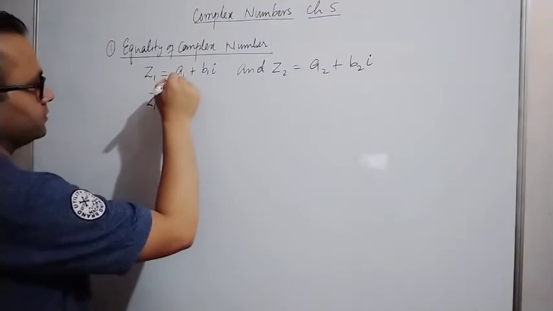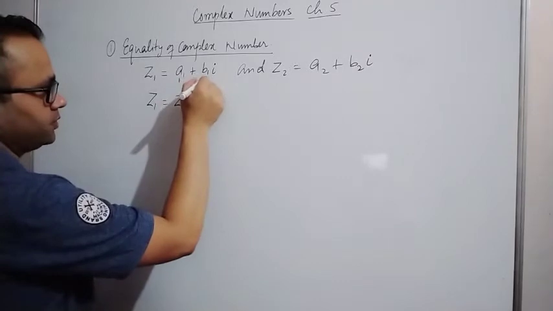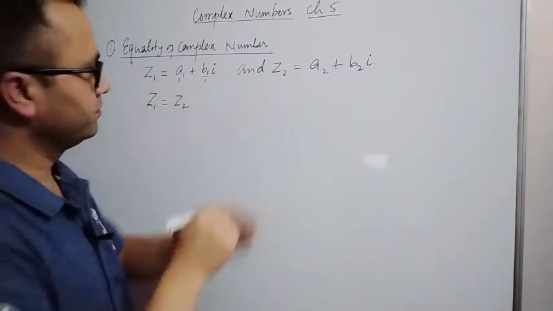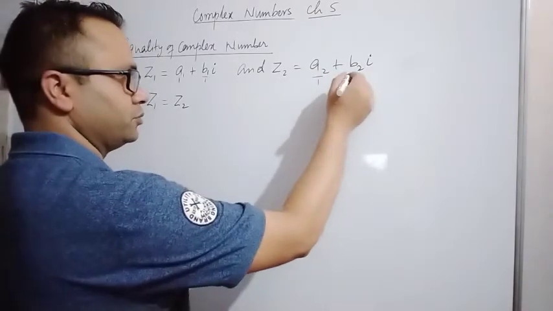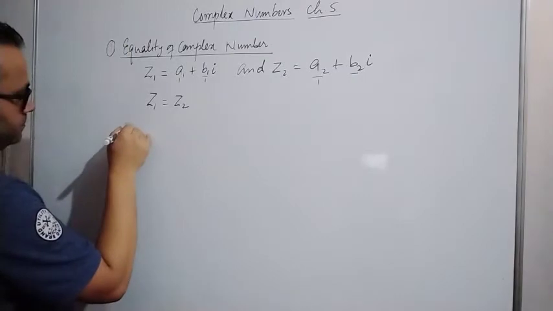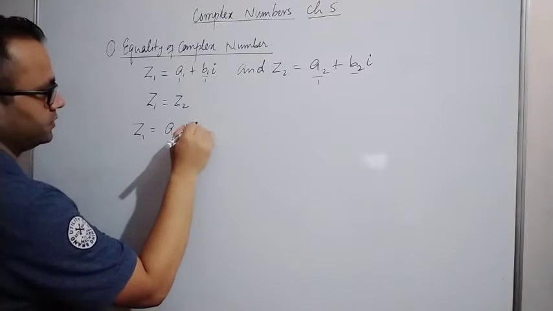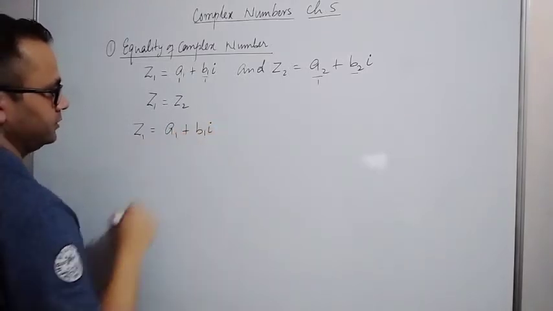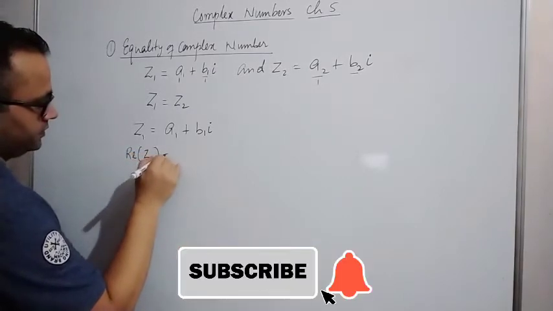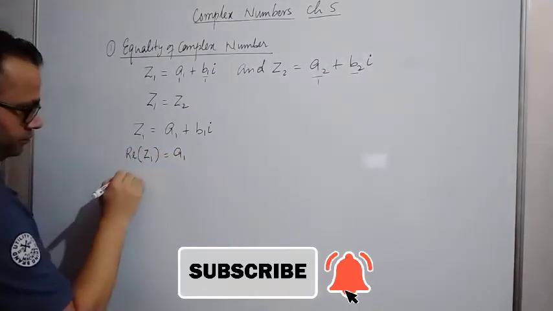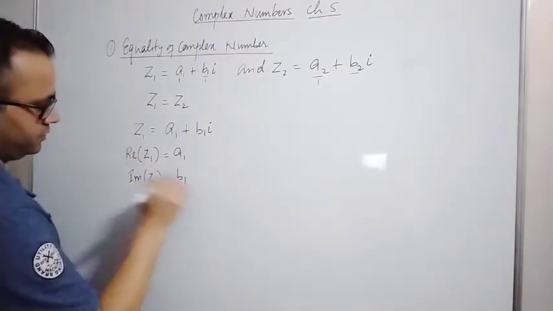So the real part of this complex number is a1 and the imaginary part is b1. For z2 the real part is a2 and the imaginary part is b2. In case of z1, a1 plus b1i, the real part of z1 is a1 and the imaginary part of z1 is b1.